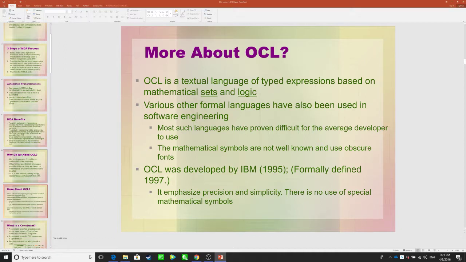Various other formal languages have also been used in software engineering. Most such languages have proved difficult for the average developer to use. The mathematical symbols are not well known and use different special fonts. Remember this. That is true.